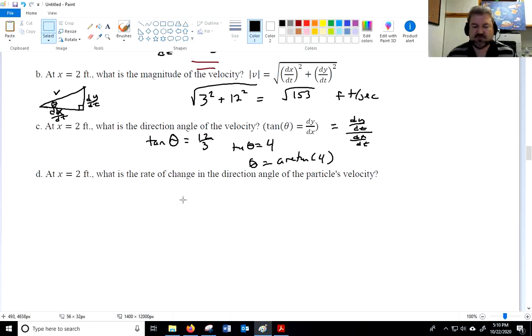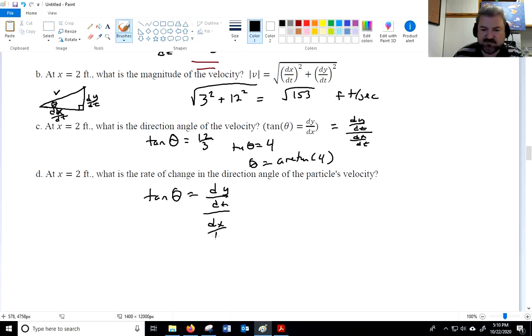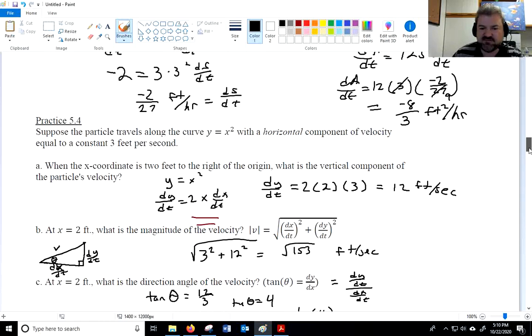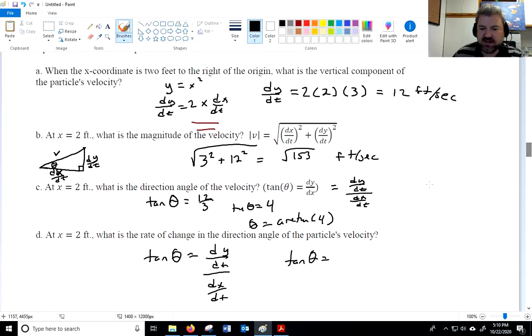Well, we know that the tangent of theta is going to be equal to dy/dt over dx/dt, right? So the tangent of theta, what was our dy/dt? Our dy/dt was 2x dx/dt.